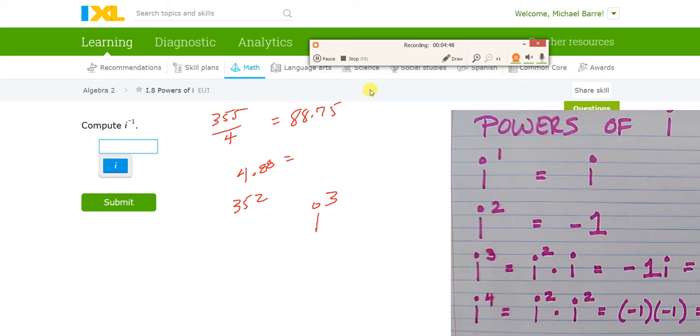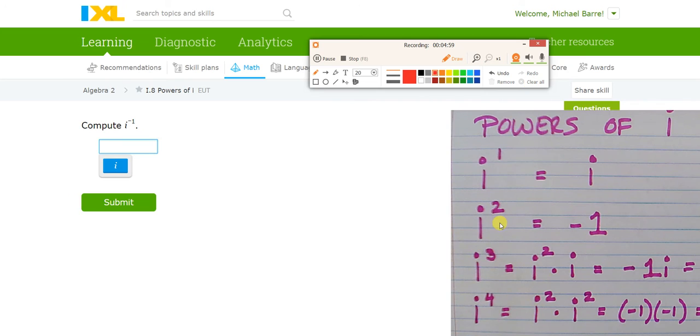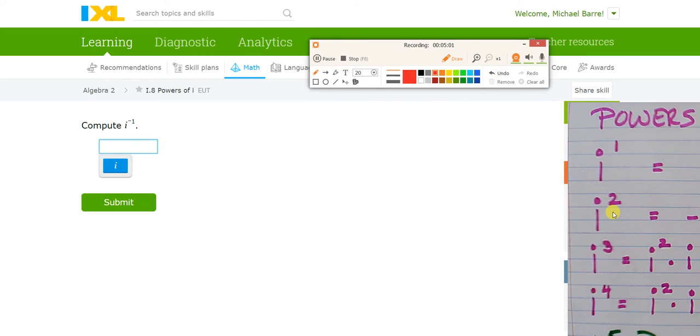i to the -1. Ooh, I had not anticipated this. Okay, i to the negative 1. Remember how to use tickets to ride the math elevator? This is 1 over i. And now I would have to rationalize it, make it look good.